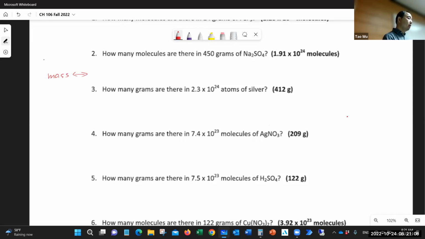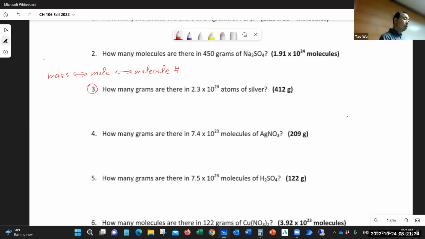Mass can convert to the mole, and the mole can convert to the molecule number.